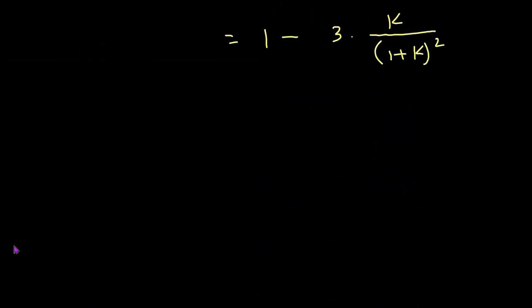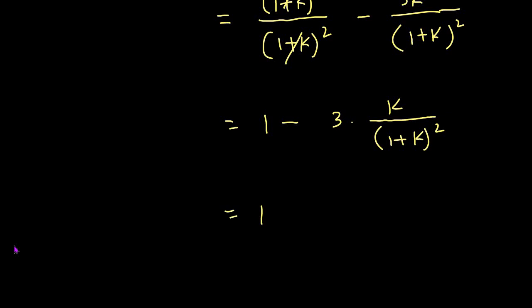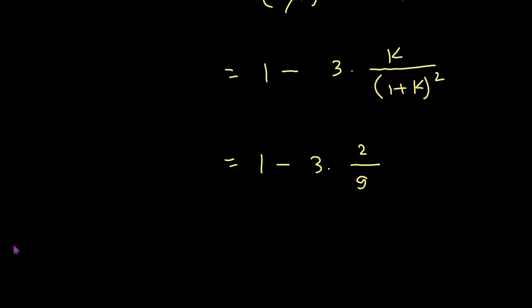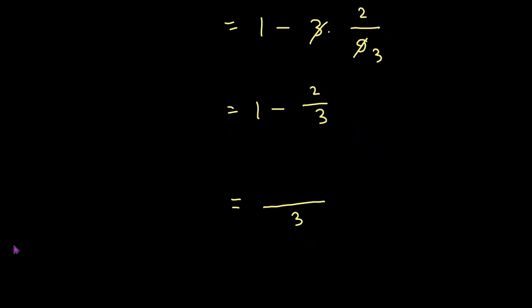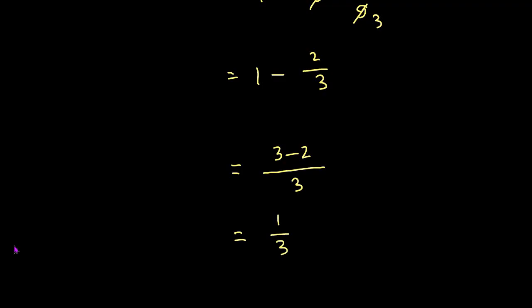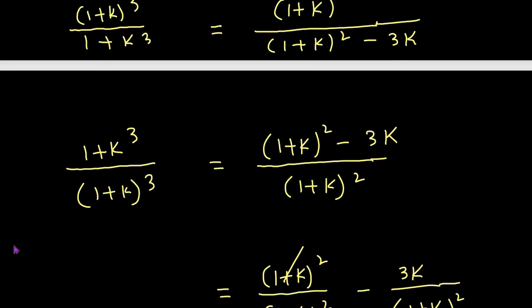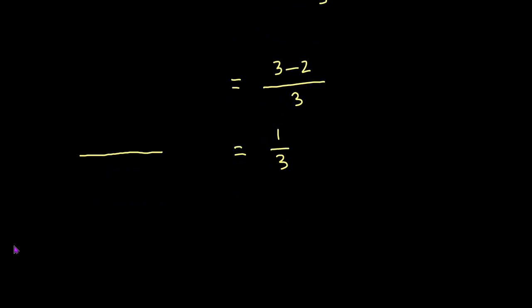So we can put the value 1 − 3 × 2/9. So we get 1 − 2/3, if we cut 9 with 3, or 3/3 − 2/3, equals 1/3, which is the value of what we wrote before, (1 + k³)/(1 + k)³.